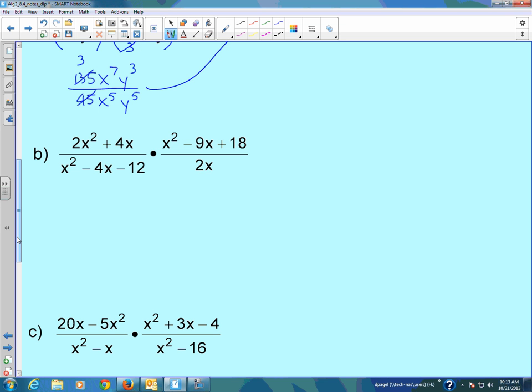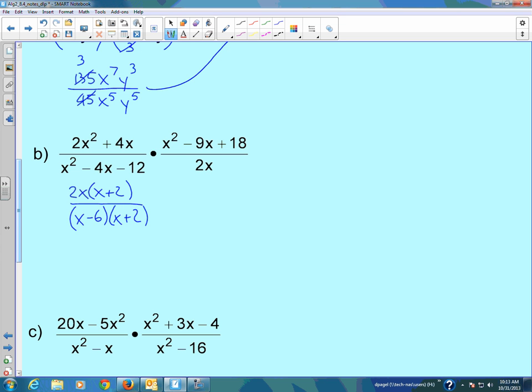All right, here, I'm going to pull out a 2x and have a 2 plus x plus a 2 left over. And in the denominator, I'll have an x minus 6, x plus 2.